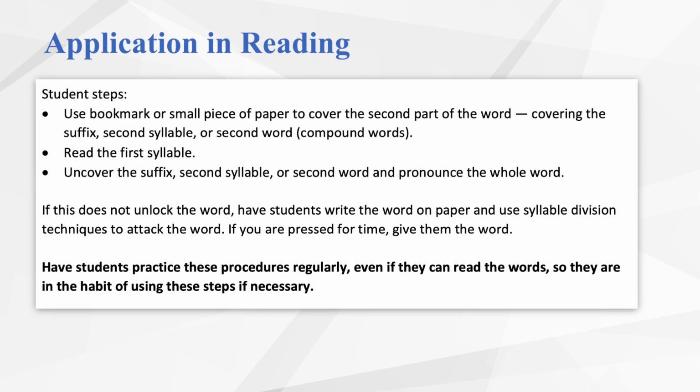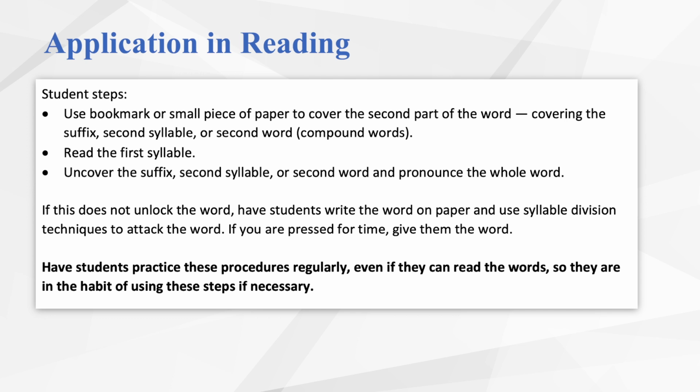While we're modeling these steps, we encourage making available to students a manipulative to cover syllables and make that word chunking process a little more manageable and concrete. A bookmark, perhaps an index card, or even a blank syllable division tile, like a 1-inch square, are all appropriate tools to support this word chunking strategy.